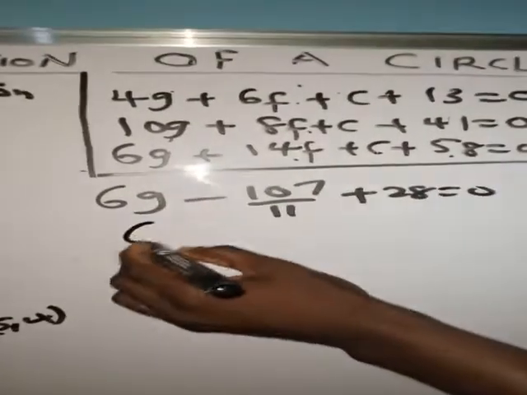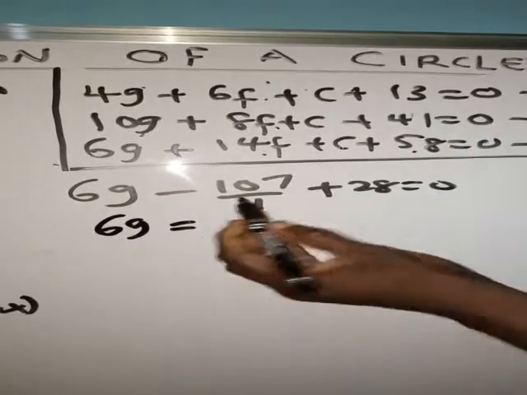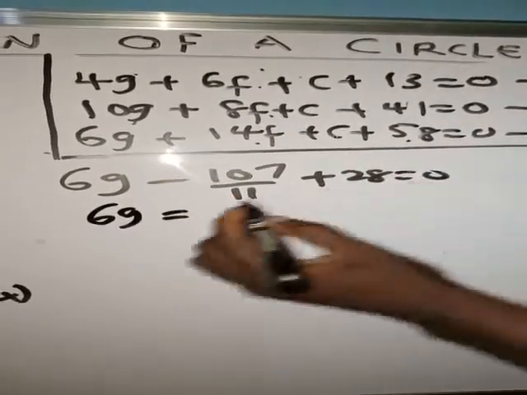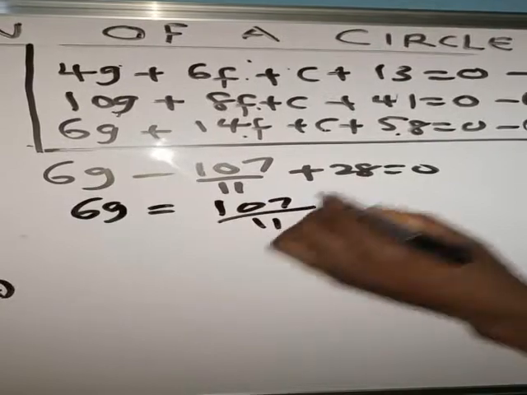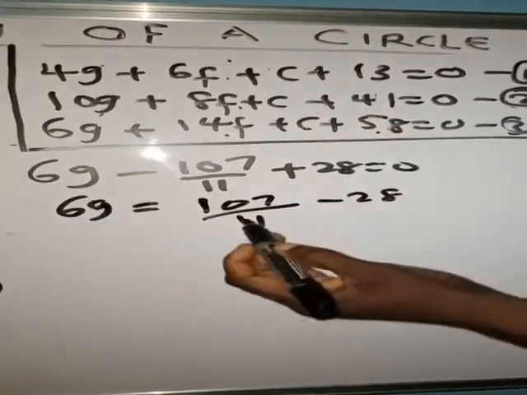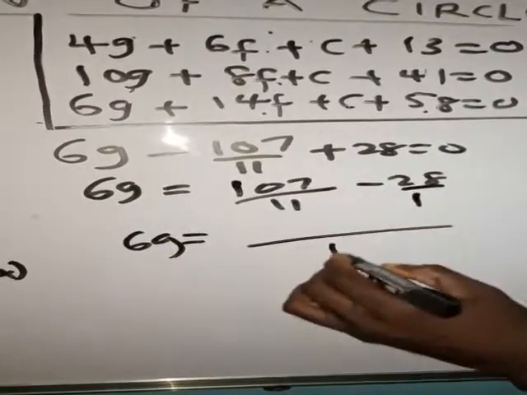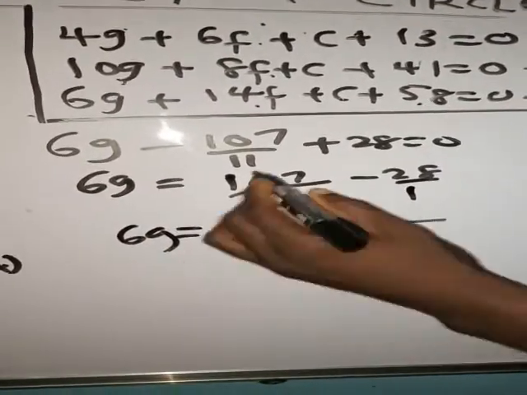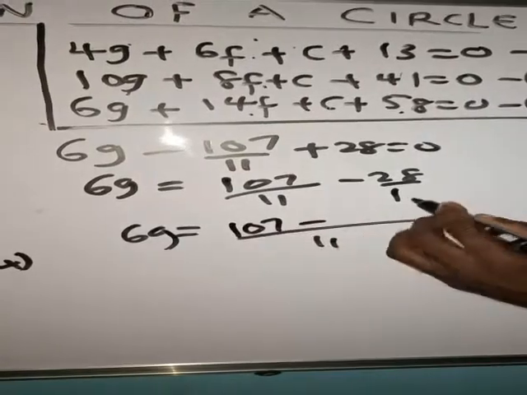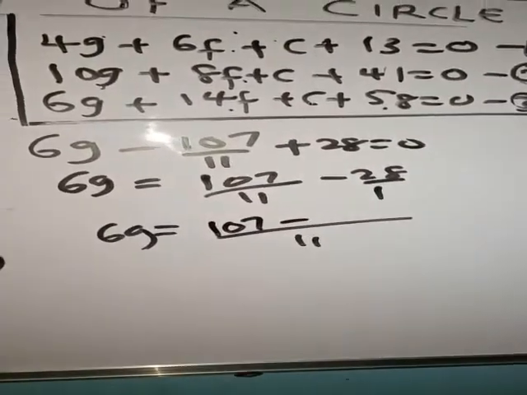So we said 6g is equal to minus 107 over 11 comes here, you have 107 over 11 minus 28. This is a fraction, you express it as a fraction and find the LCM. The LCM is 11. 11 here is 1 times this, 107 minus 11 times 28.